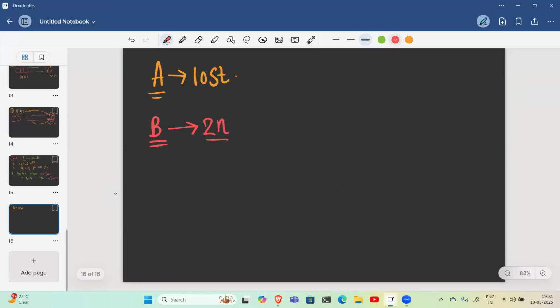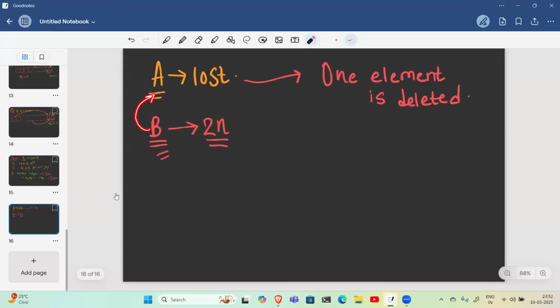Basically, from this array A, one element is deleted, any one element, and we do not know which element is deleted, and the rest of the array is shuffled, and you are finally given this array B. From this array B, you have to somehow recover back A and print it. So that is the basic question.